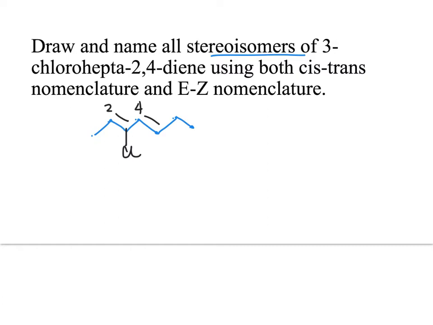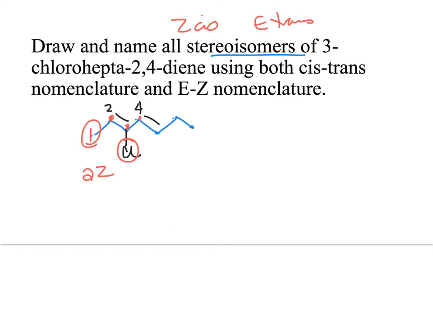So what would this one be? We'll look at the 2 carbon, and this will be your higher priority, and on the 3 carbon, this would be your higher priority, the chlorine versus the carbon. So this one is 2Z. Z, remember, is cis. E is trans.